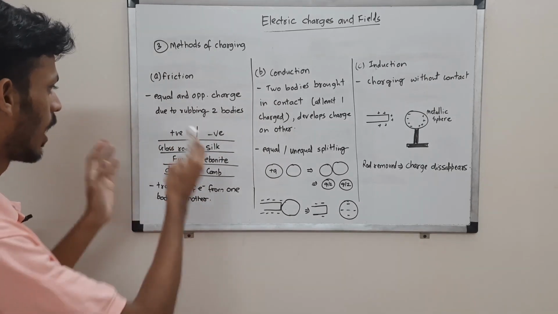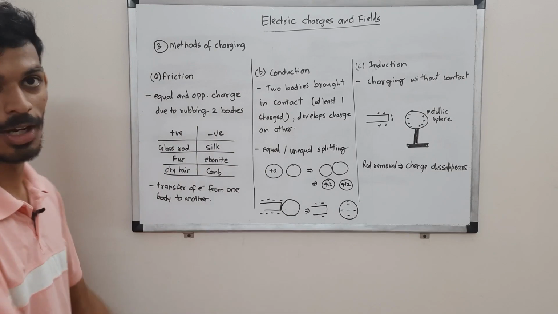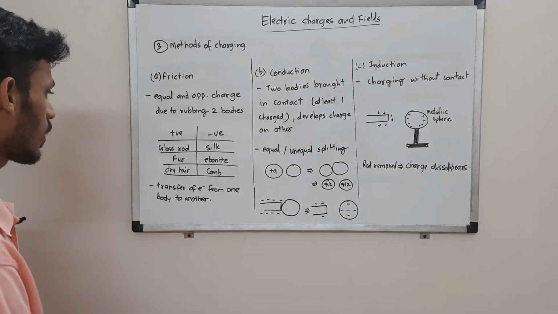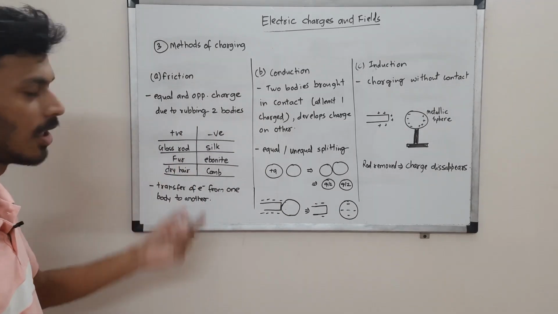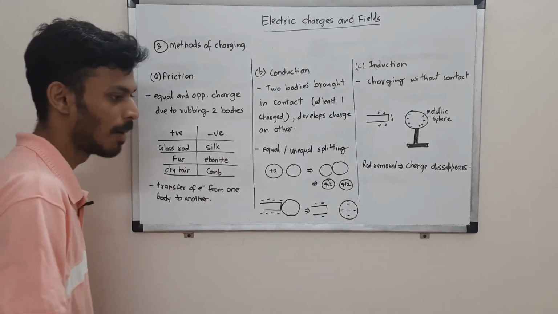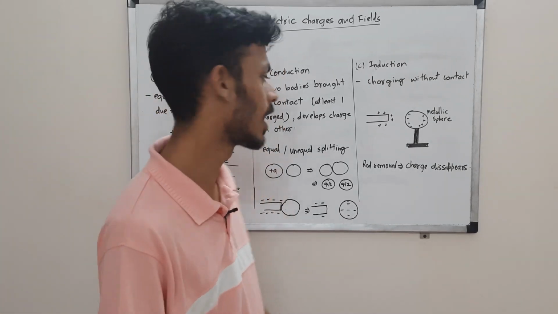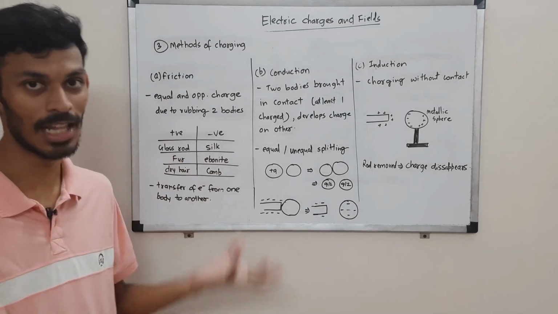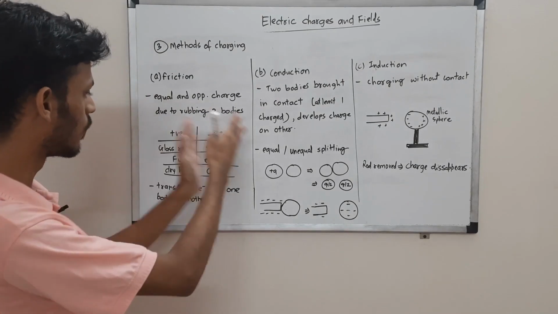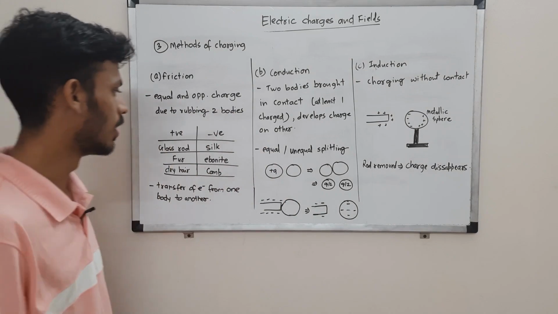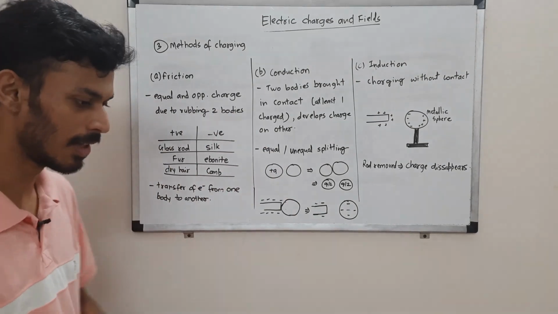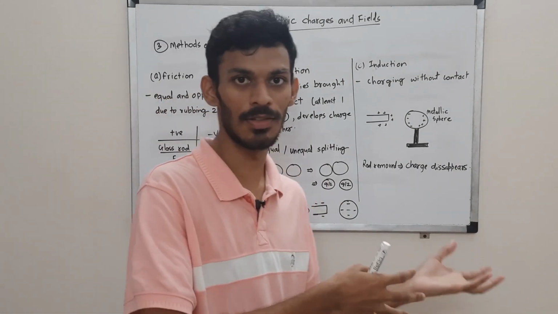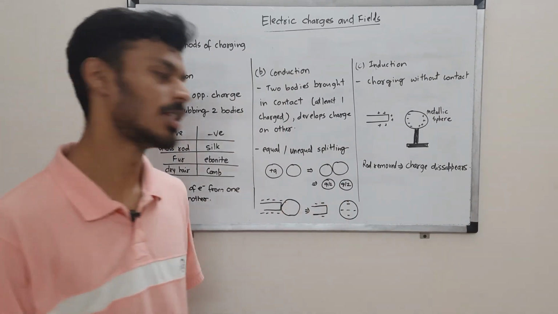Some electrons have been transferred from the rod to the silk cloth. Now if you rub cat fur with an ebonite rod, this is also a special kind of material. Fur has electrons, which will move from the fur to the ebonite. So ebonite will become negatively charged due to excess of electrons and fur will become positively charged.